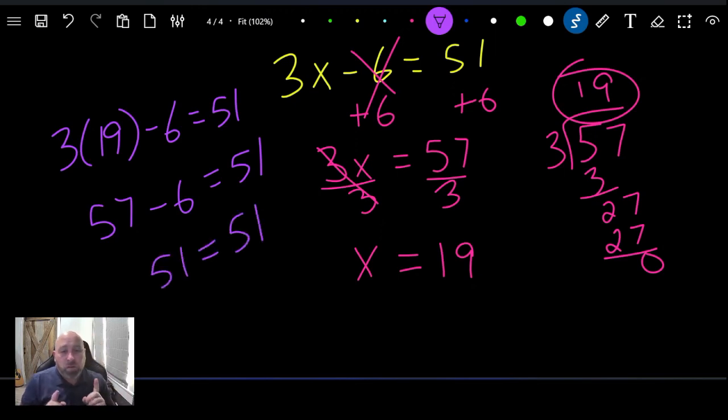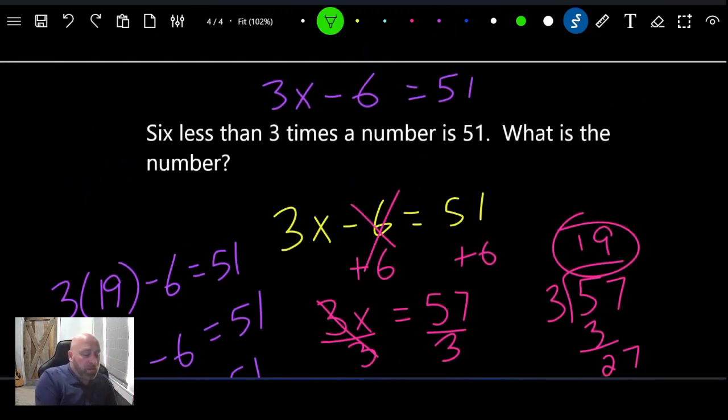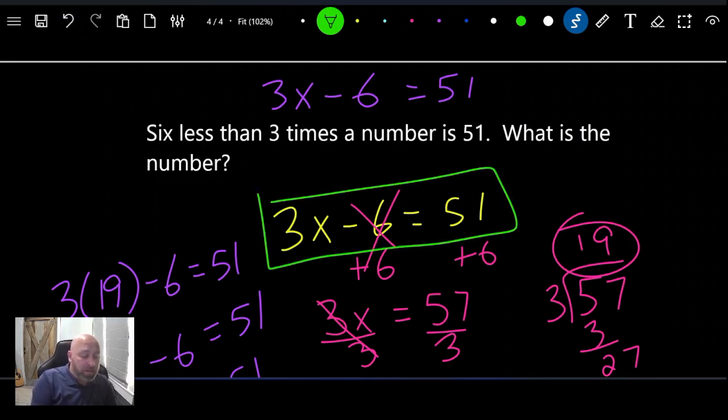Now, here's where students get into trouble on these word problems. They mess this up. They say 6 minus 3 times a number. They write it like this. And this is wrong. And this will give you a wrong answer. So when you go to check it, some students will check it against the equation they built.